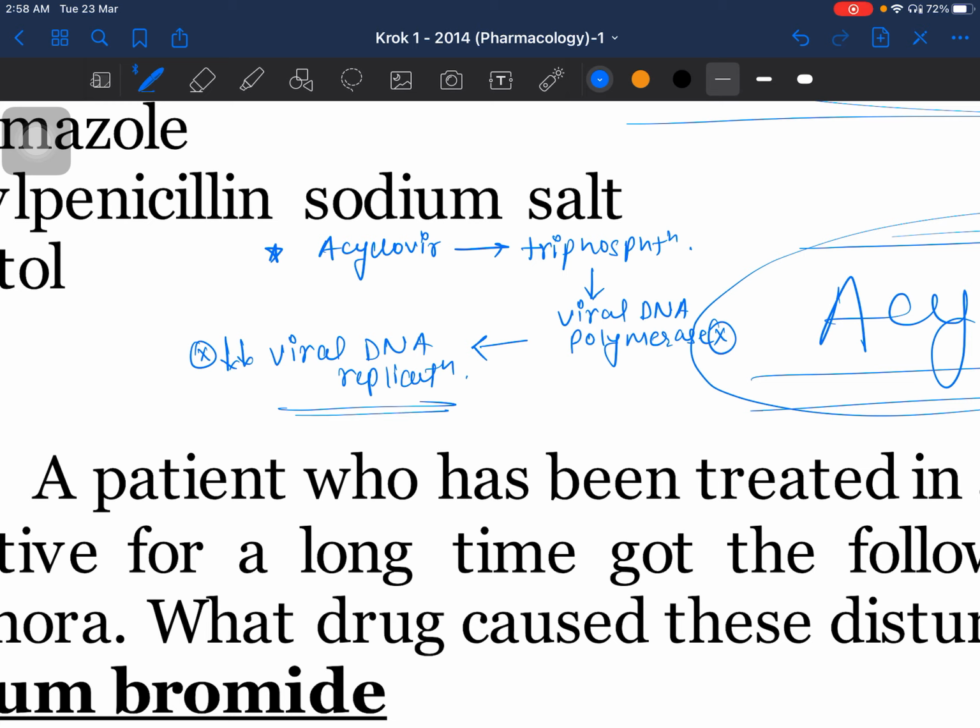You need to note a point over here that acyclovir only inhibits the actively replicating virus.